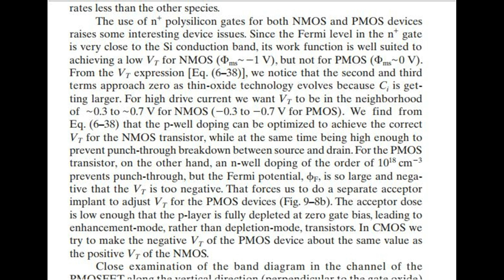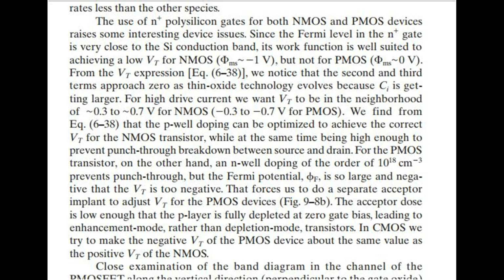We find from EQ 638 that the P-well doping can be optimized to achieve the correct threshold voltage for the NMOS transistor, while at the same time being high enough to prevent punch-through breakdown between source and drain. For the PMOS transistor, on the other hand, an N-well doping of the order of 10^18 per cubic centimeter prevents punch-through, but the Fermi potential, phi_F, is so large and negative that the threshold voltage is too negative.